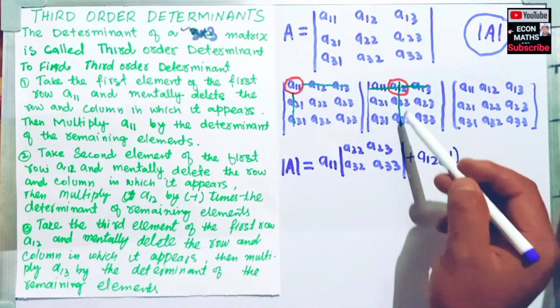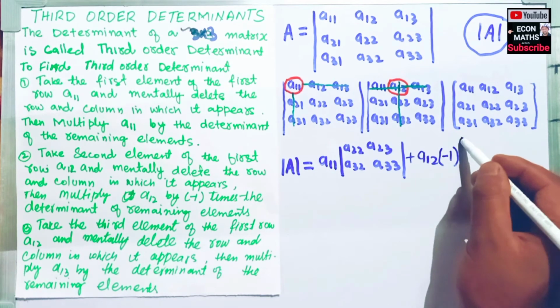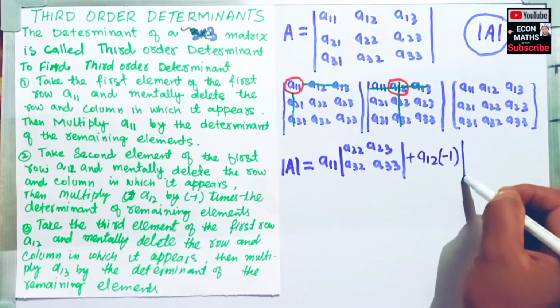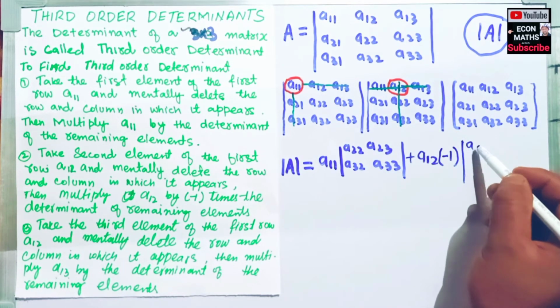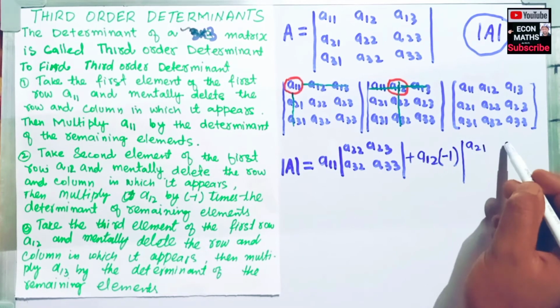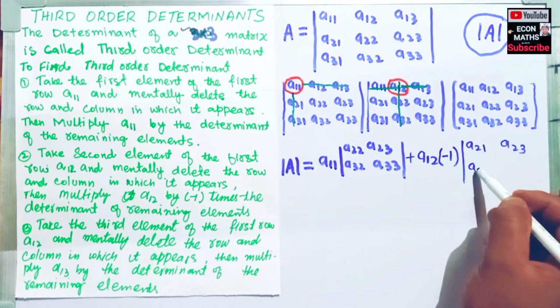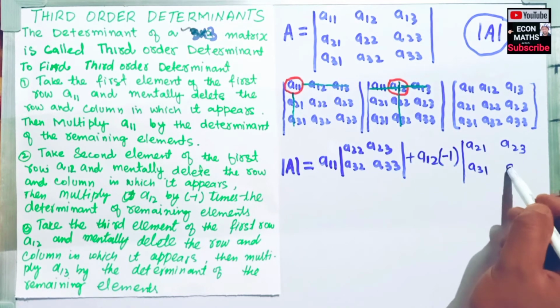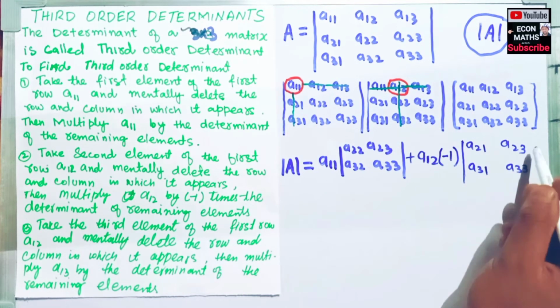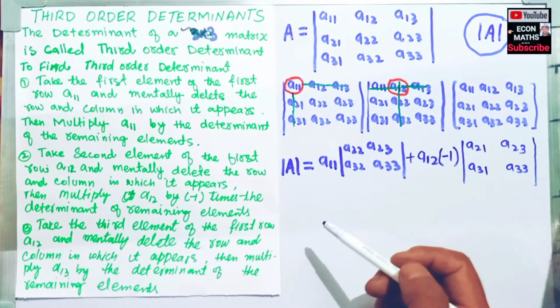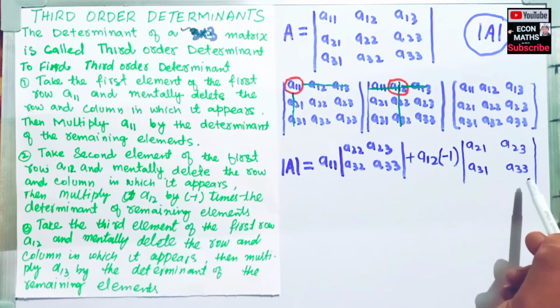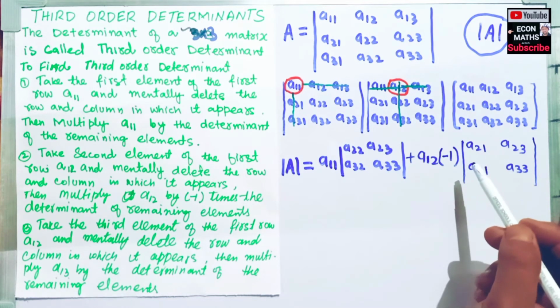The remaining elements are A21, A23, A31 and A33. So this was the second step. I repeat the second step.